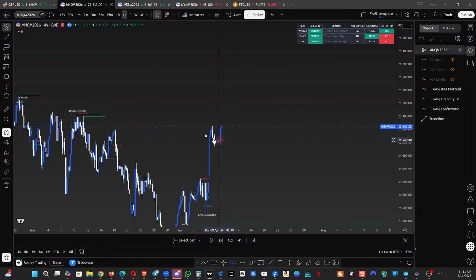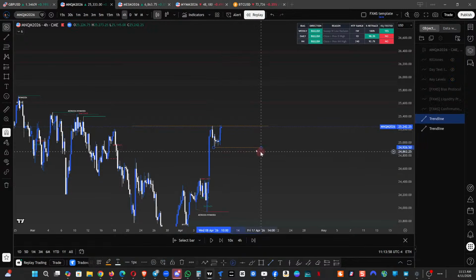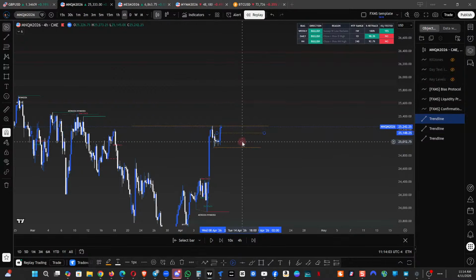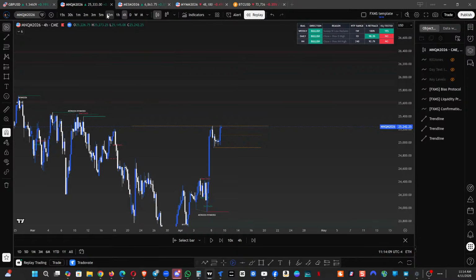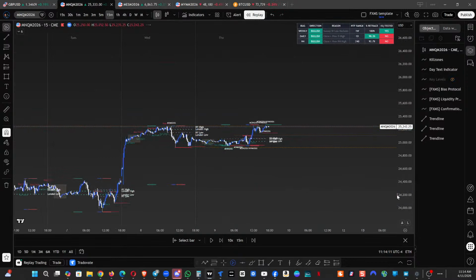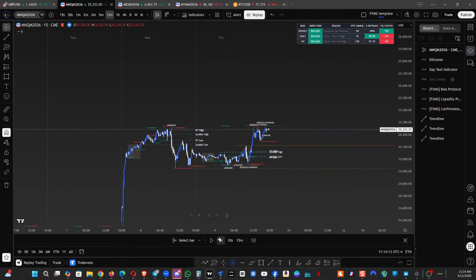So again, if I want price to go higher, what I want to see price do first is go back down lower, take out some liquidity, and then go higher. So here we've got some lows that we can sweep potentially. We've got a little imbalance here as well. I'll mark the bottom end of it. All right, so now let's see what that lines up with on the 15 in terms of our range and the day. So let's open this day up.